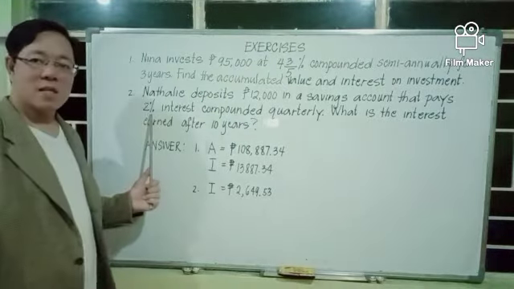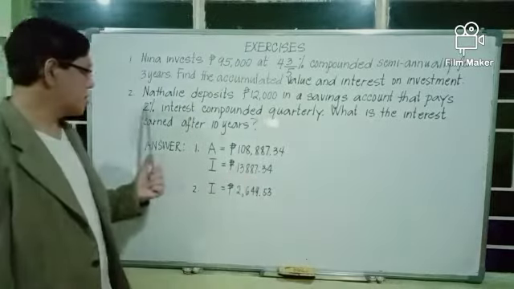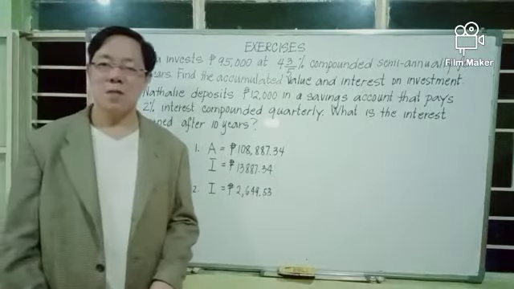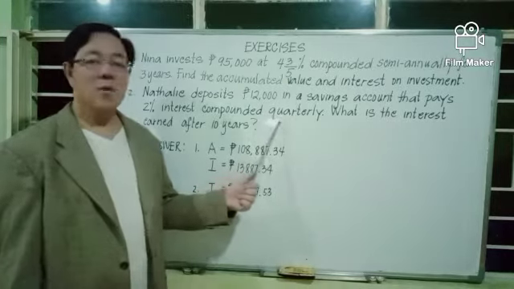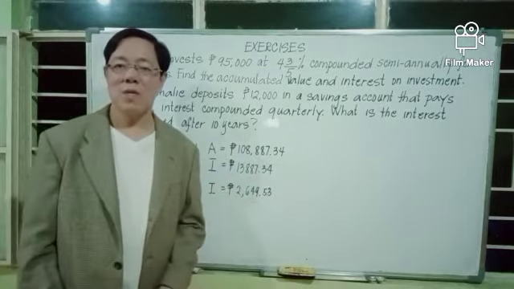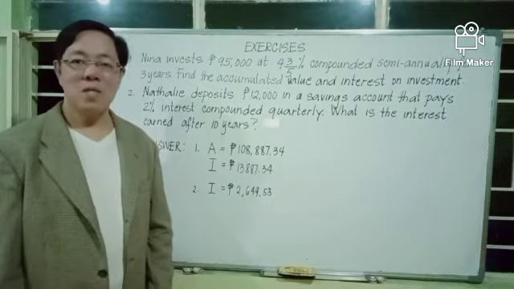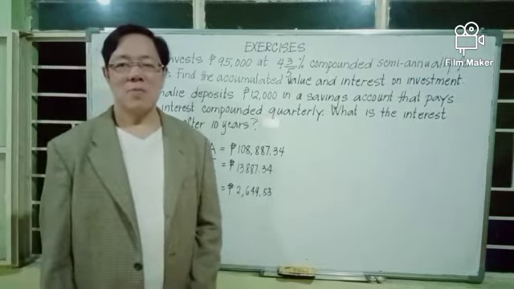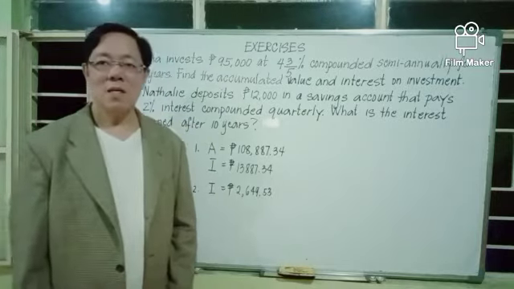And the given interest rate is 2% compounded quarterly, which means that 2% is a compound interest rate, and compounded quarterly means that interest will be computed 4 times a year. That is, your m equals 4, and the interest will be computed every 3 months in 1 year.